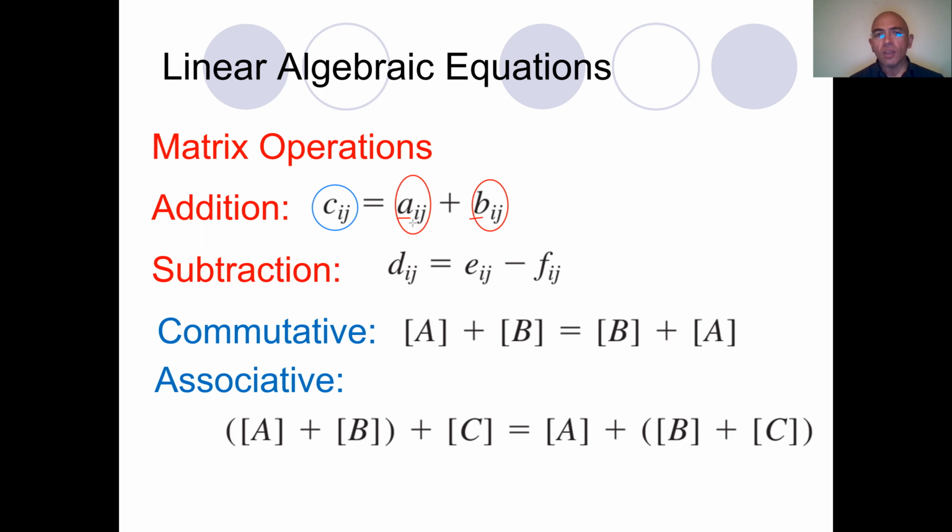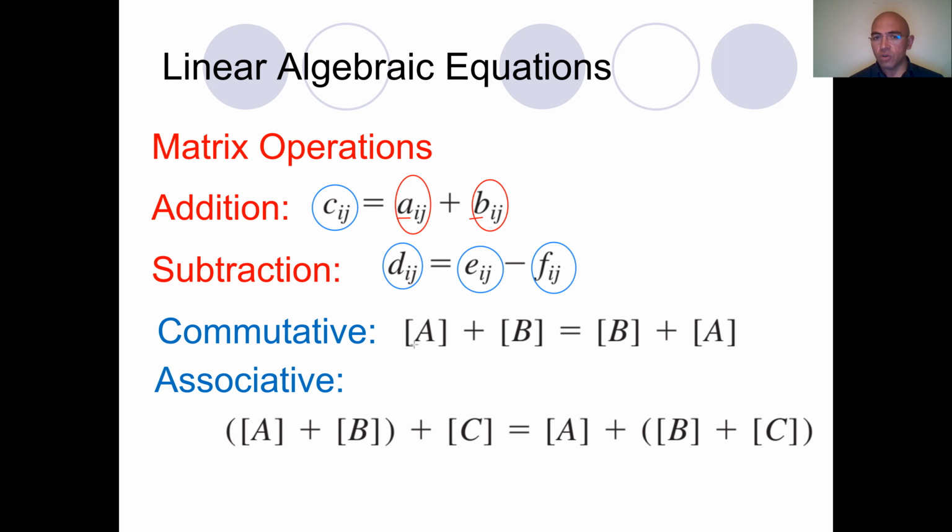Subtraction is identical to the summation. This basically means that you only sum up the values in the corresponding places. So you take the value at the ith row, jth column, and subtract the value in matrix B in the ith row and jth column, and you form the resultant matrix. What are the properties? Of course, commutative.